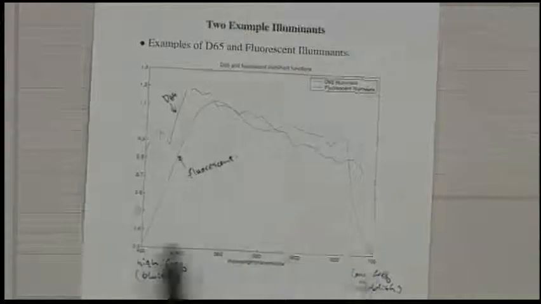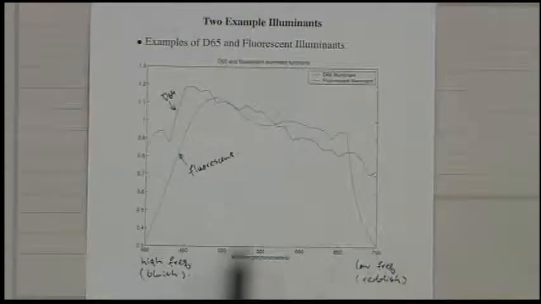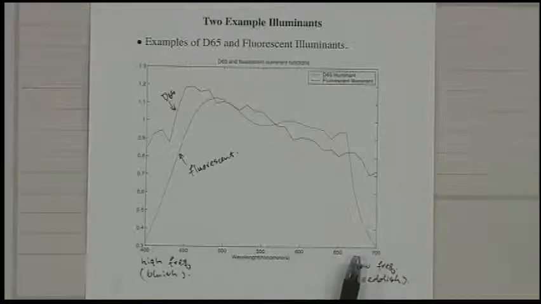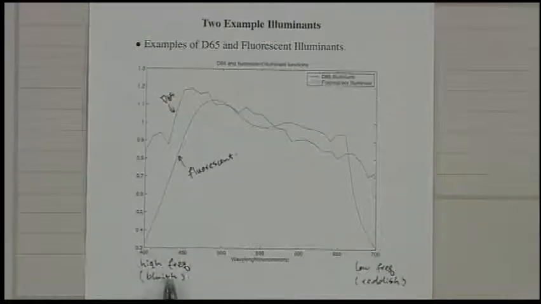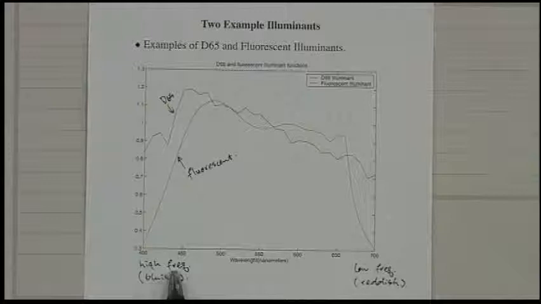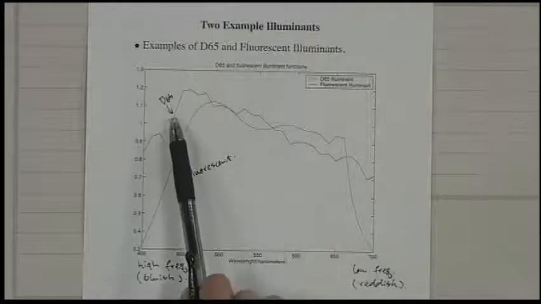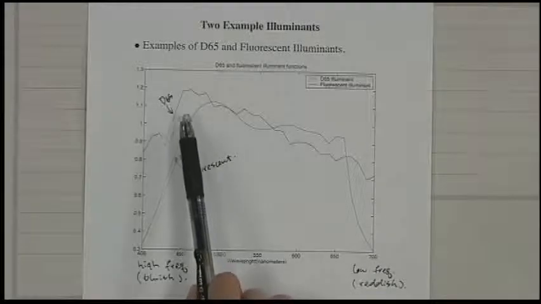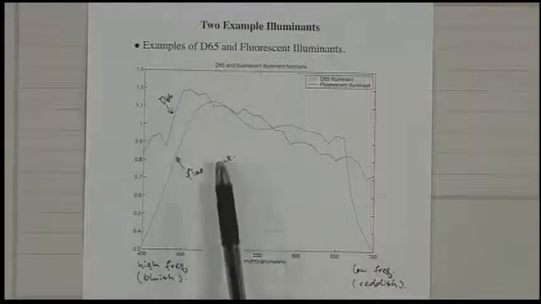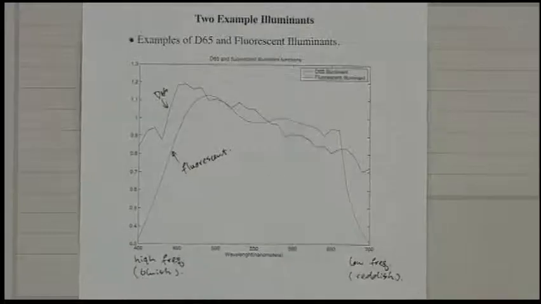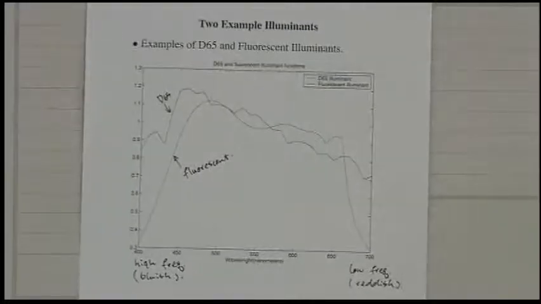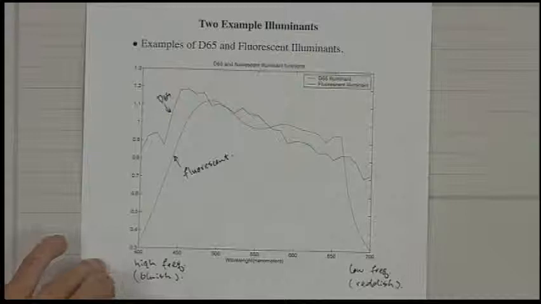If you look at the x-axis, horizontally, this is the wavelength. On the left-hand side is higher frequency corresponding to blue color. The right-hand side corresponds to the red color. So D65 will look slightly more bluish than the fluorescent illuminant. Is that okay?